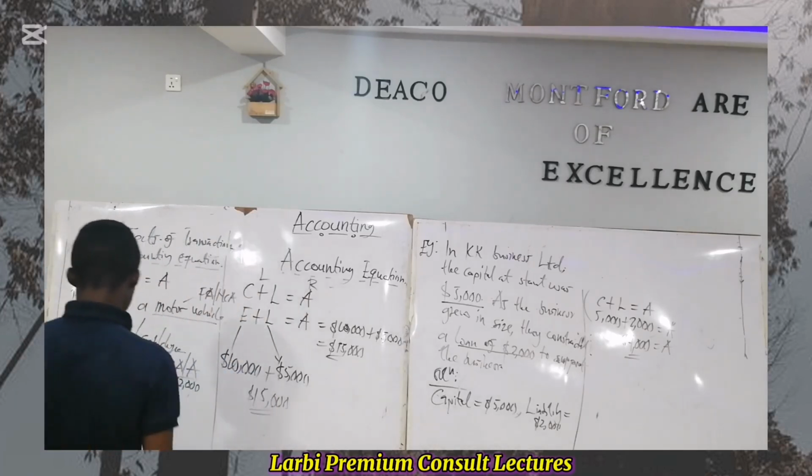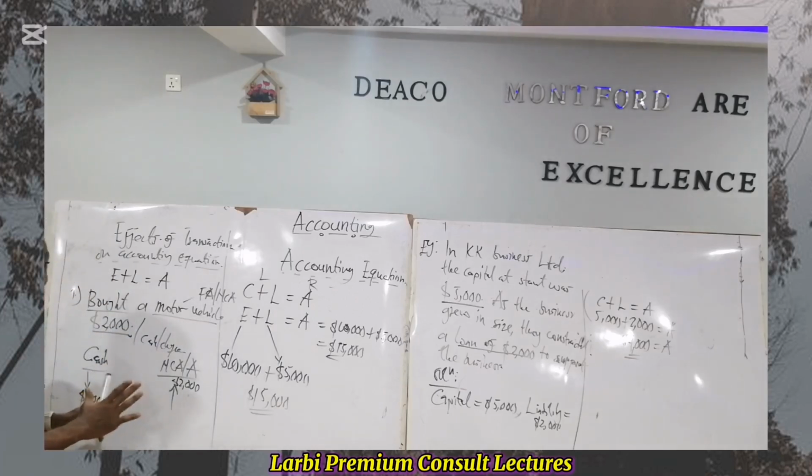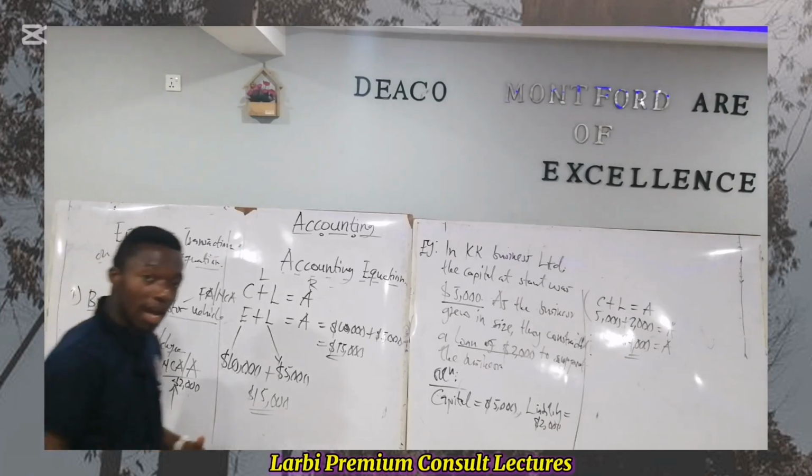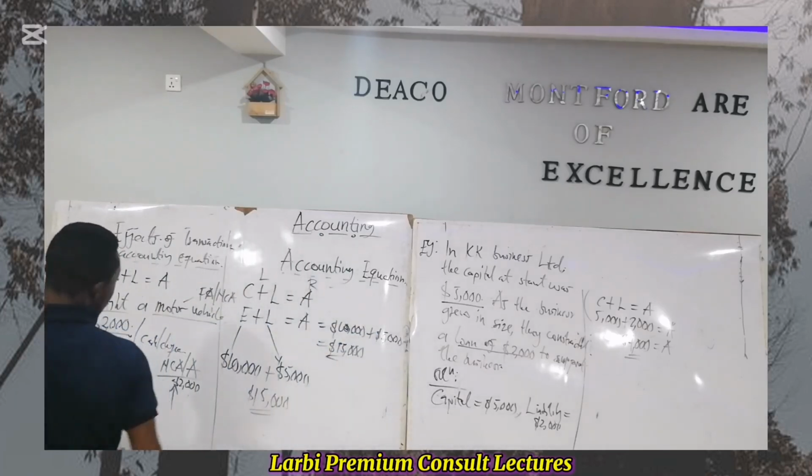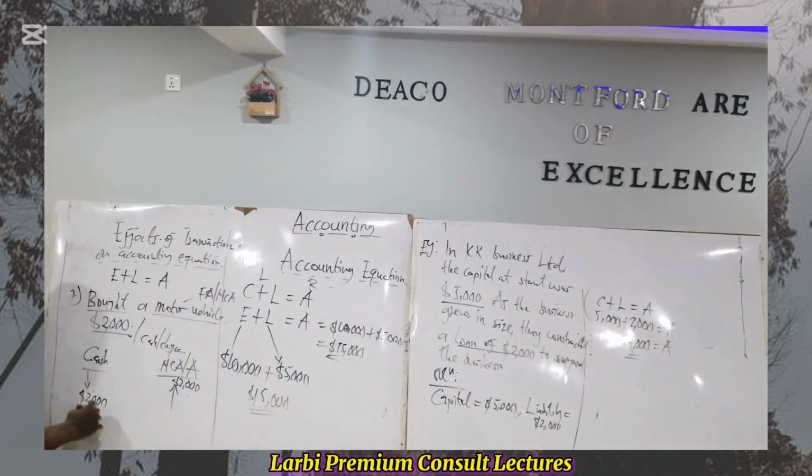So the idea here is that since we bought a motor vehicle with cash, what will be the effect on the accounting equation? What will be the effect on the accounting equation? Remember, before we get to this amount, somebody, being the owner, invested a particular amount. Let's say the cash that we used to start the business, the capital we started the business with, was 10,000.